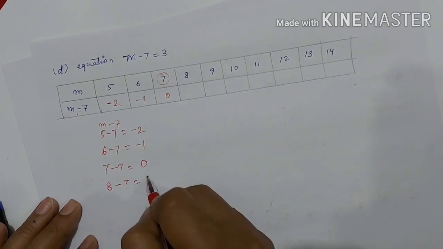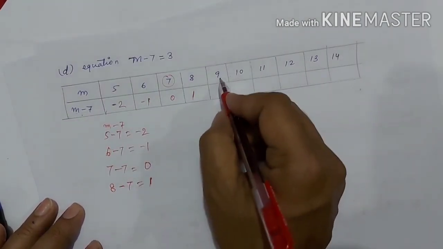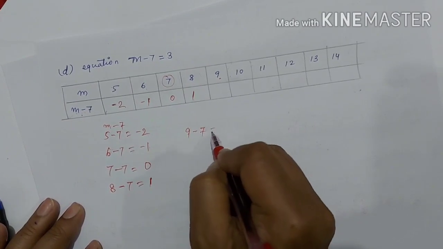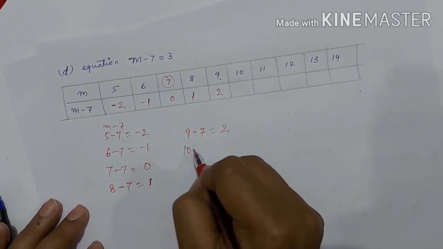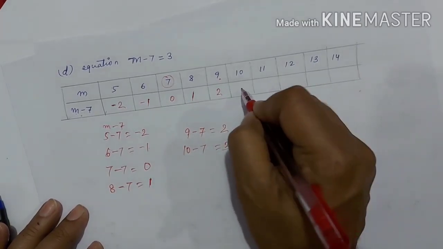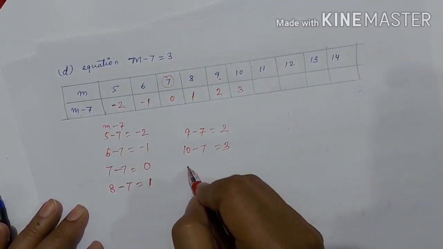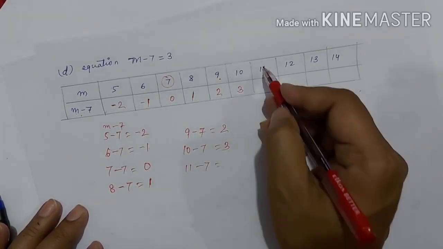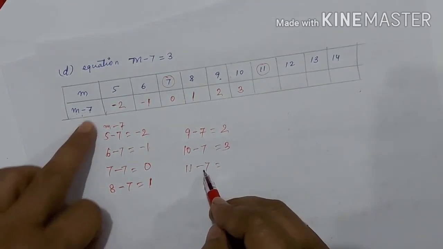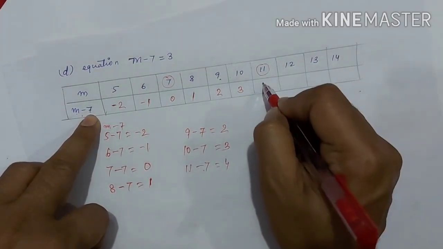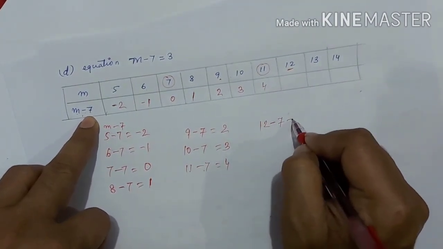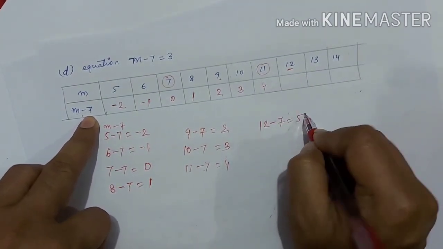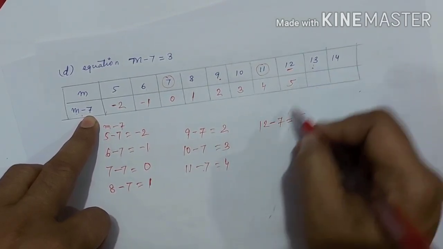Next is 9. 9 minus 7 is equal to 2. Put 2. Next is 10. 10 minus 7 is equal to 3. Put 3. Next 11 minus 7 is equal to 4. We write 4. Next is 12. 12 minus 7 is equal to 5.